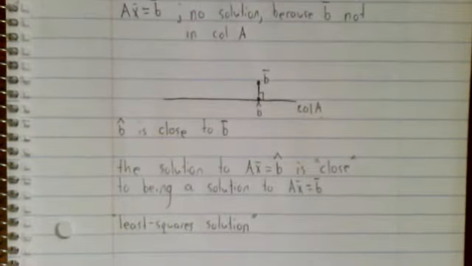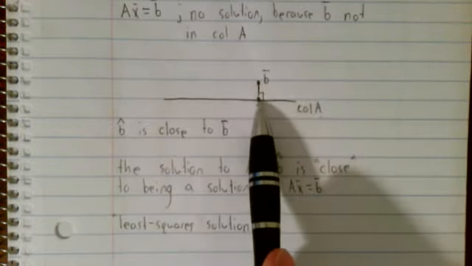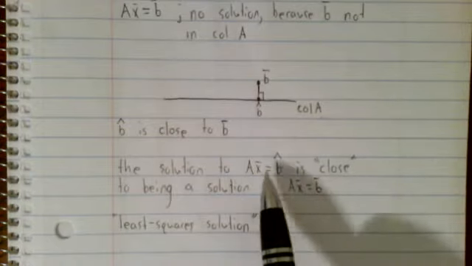That's what's going on in the background here. But consider the steps you would have to go through if you wanted to do this directly. If you wanted to find the orthogonal projection and then solve this equation.